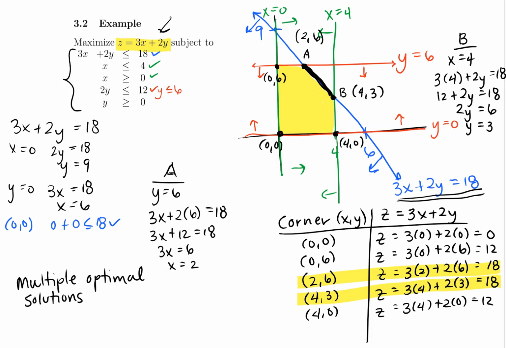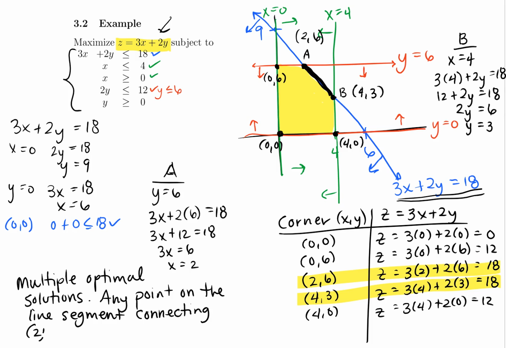Multiple optimal solutions. And we want to say that any point on the line segment, because technically a line keeps going forever, so on the line segment that connects the point (2, 6) to the point (4, 3), it has a maximum value of 18.